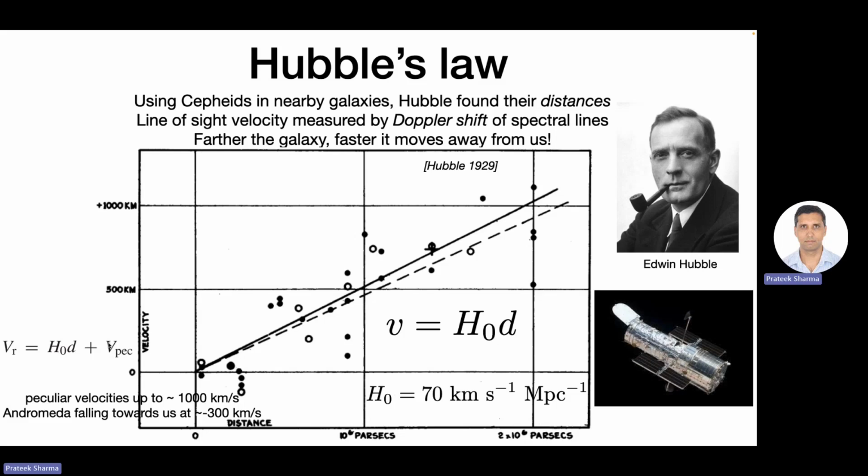So galaxies have two velocities. One is this Hubble flow, and on top of that, due to local inhomogeneities of mass and gravity, the peculiar velocity. Okay. Any question? Yes.